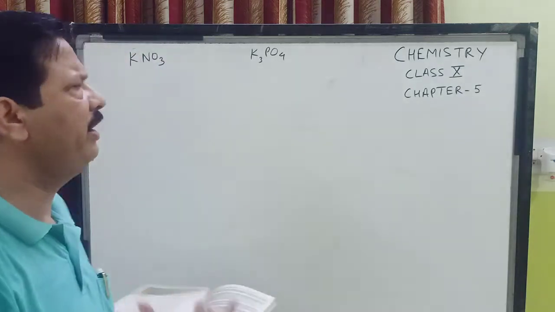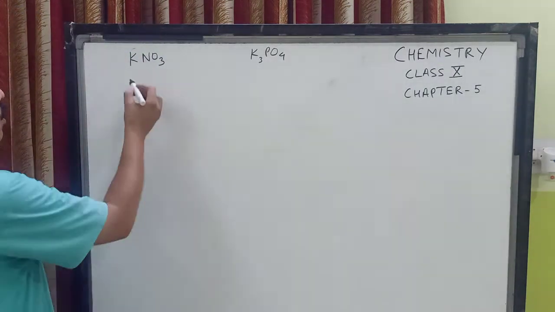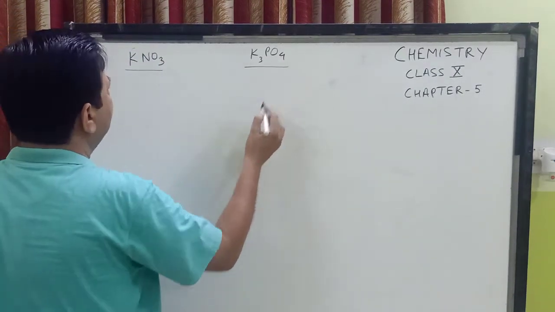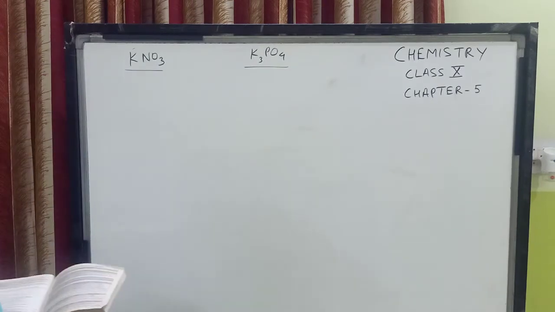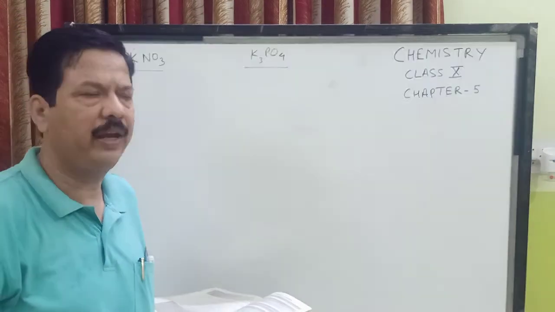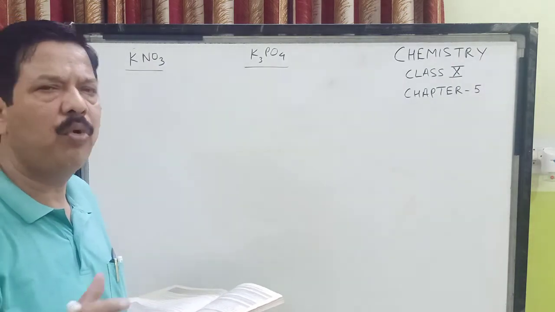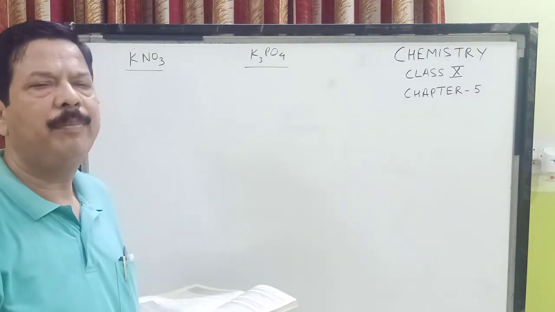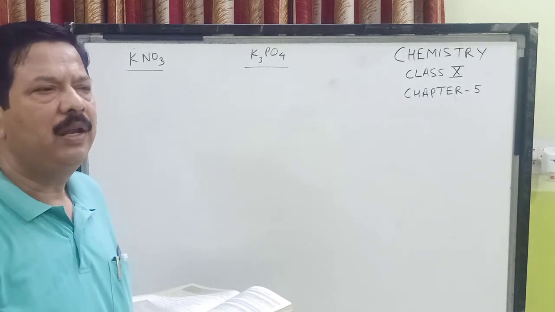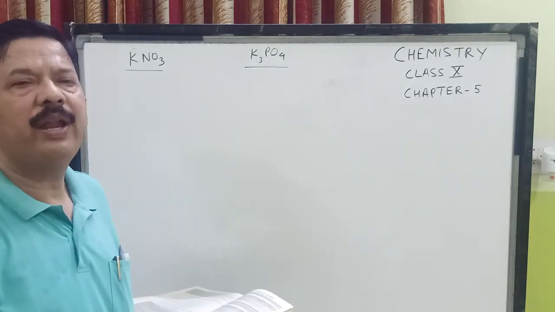Children, it is an indirect question. It is asking that there are two fertilizers, potassium nitrate and potassium phosphate, and if the cost of both compounds is the same, which will be the better potash fertilizer.